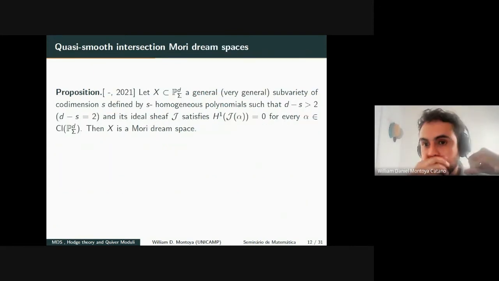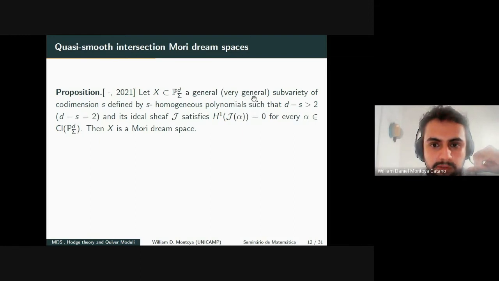Here is my first contribution to this theory, but this is a very strong condition. I ask for a general variety, asking for generality. Somehow I guarantee this is going to be a quasi-smooth intersection, by asking for this very generality.